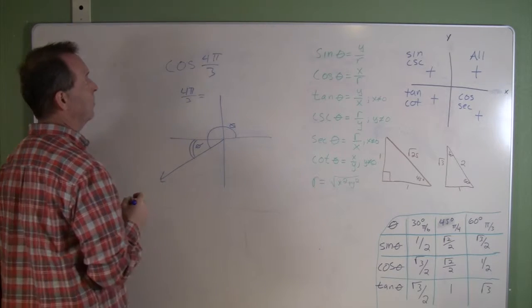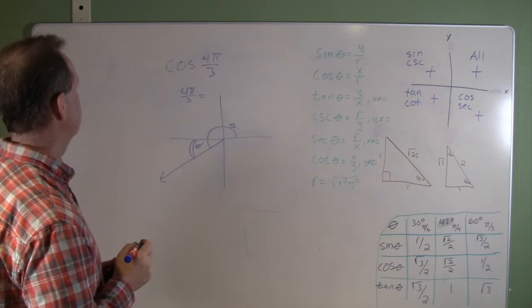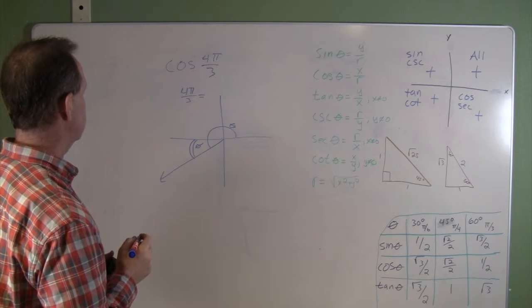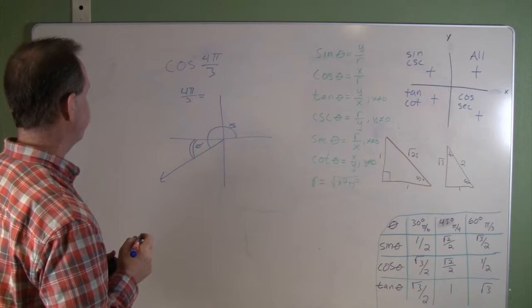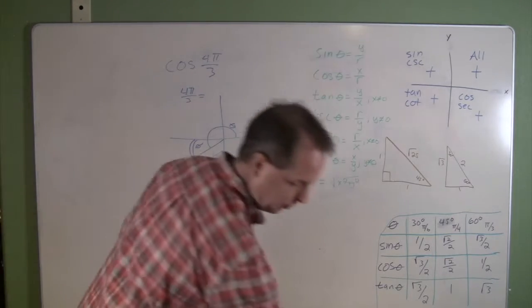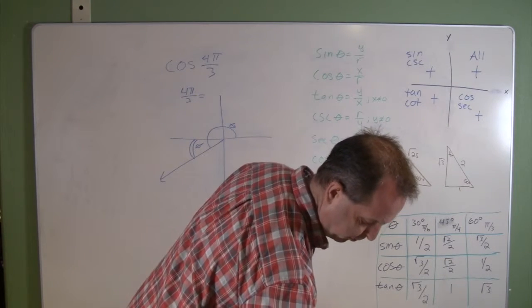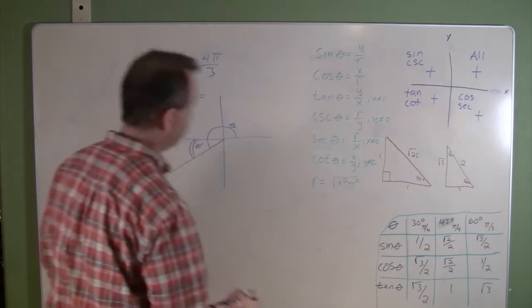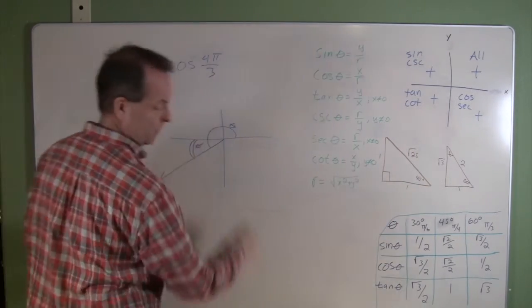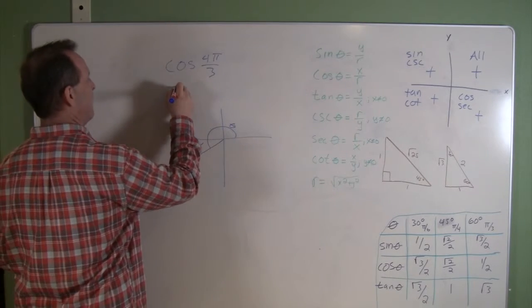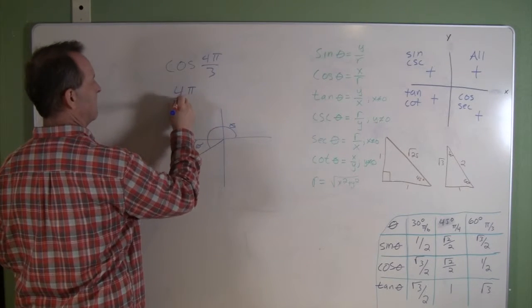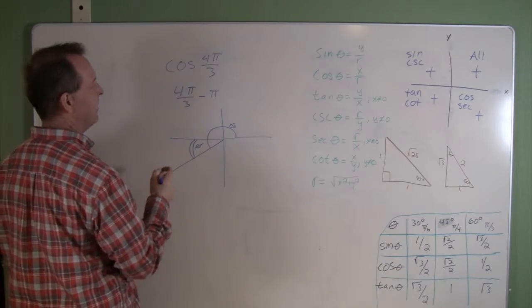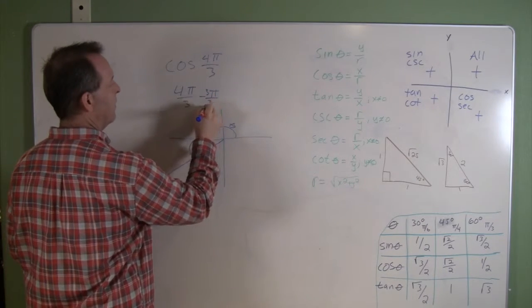And so what is that? Subtract a pi. In order to subtract pi, I need to have common denominators, 3 over 3.